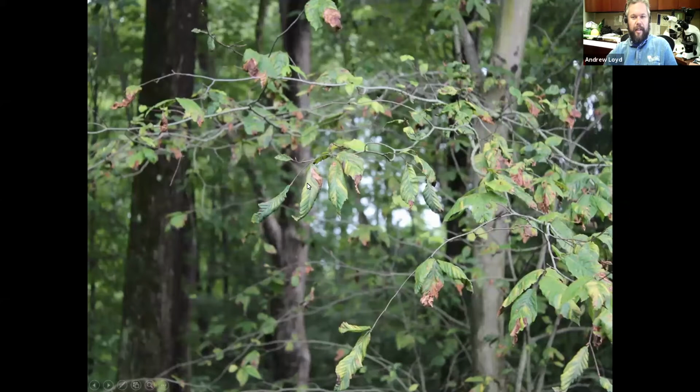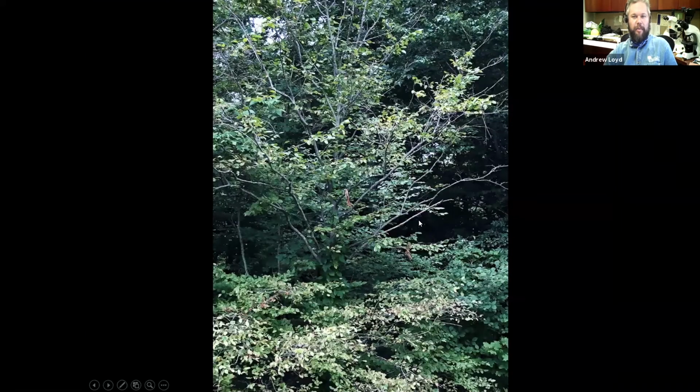And going further into years of being infected, the tree starts to become sparse in the canopy. So they don't produce as many leaves. The leaves just kind of look sickly. And here's an example of that, the sparse canopy, not many leaves. And here's an example of a tree that has a lot of dieback and not a lot of leaf production.